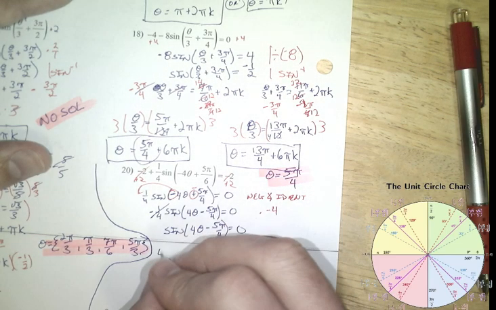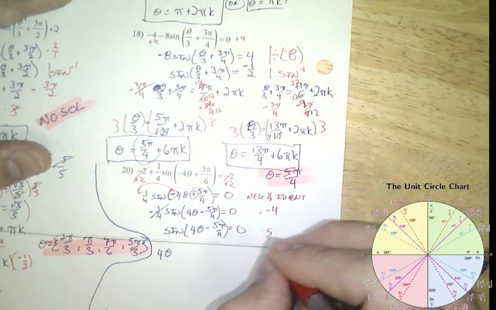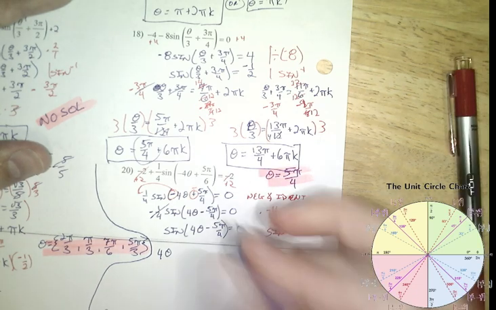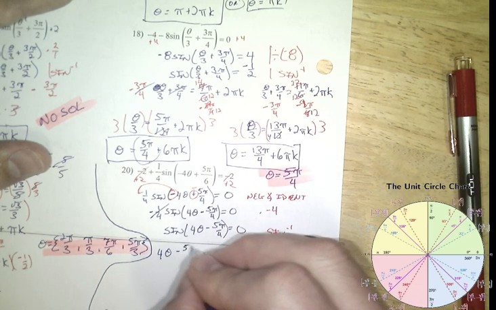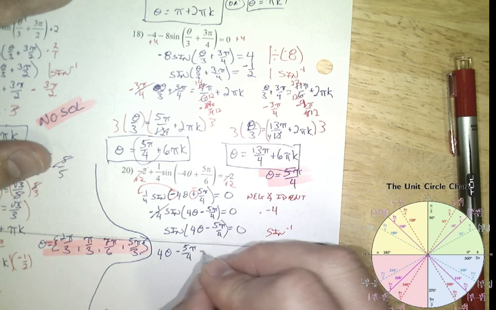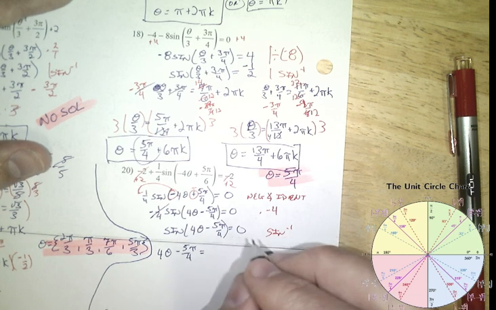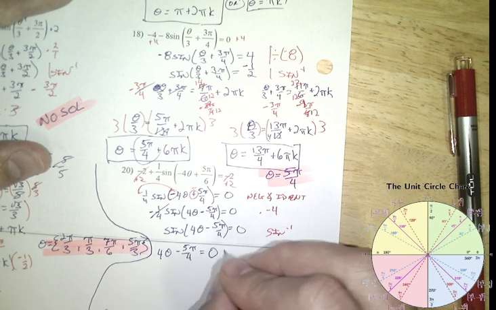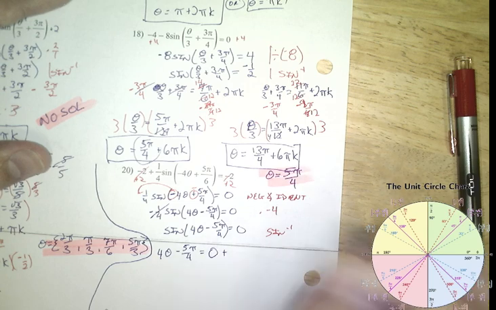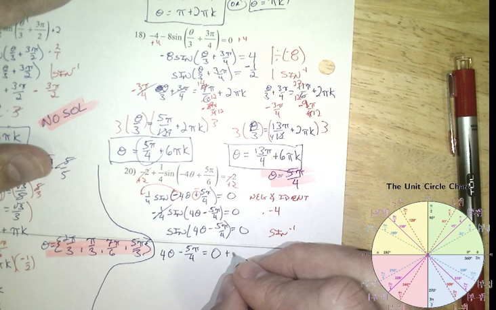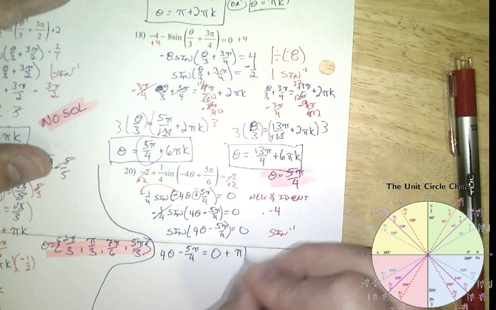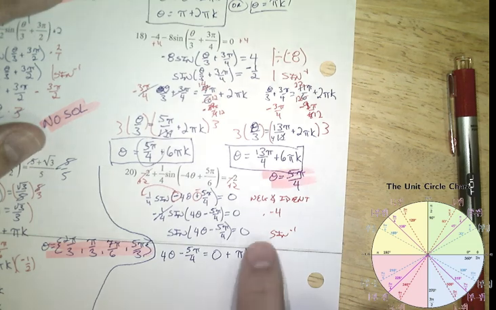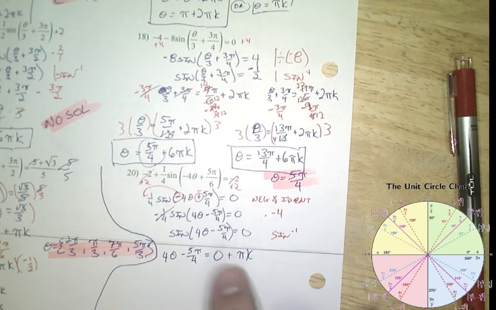Inverse sine of both sides. 4 theta minus 5 pi over 4 is equal to the inverse sine of 0, which is going to happen at 0 plus 2 pi k. Or if we want to be a little bit better about it, we can just say 0 plus pi k. That is a special case. Whenever you have sine or cosine equal to 0, you can treat it like this.